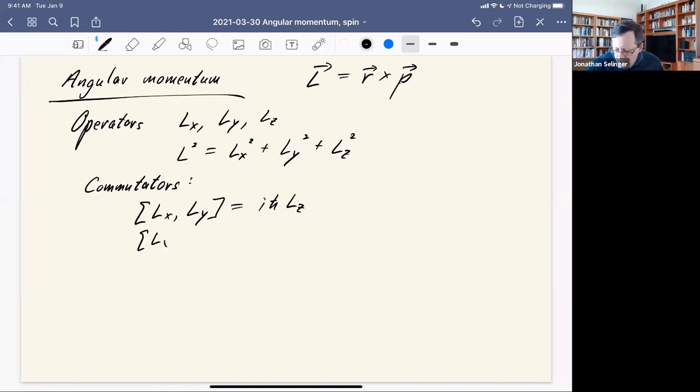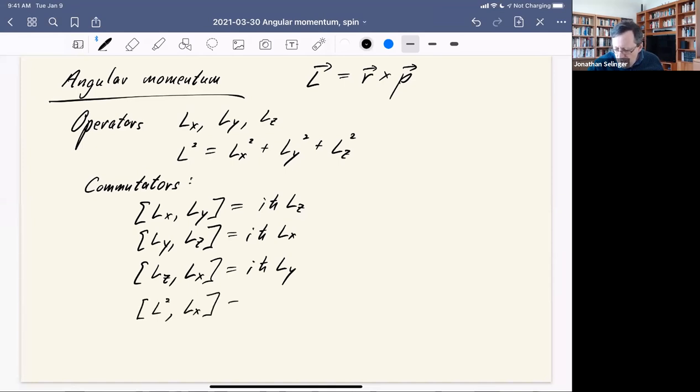Likewise, the Ly Lz commutator is i h bar Lx, and the Lz Lx commutator is i h bar Ly. So those operators don't commute. They are incompatible operators in that sense. We also figured out that the commutator of L squared with any of the individual components is equal to 0. Those things do commute.